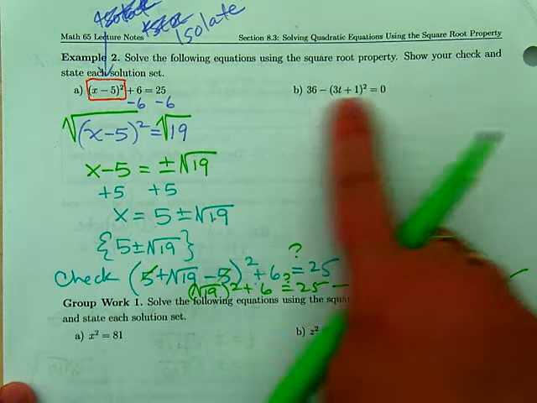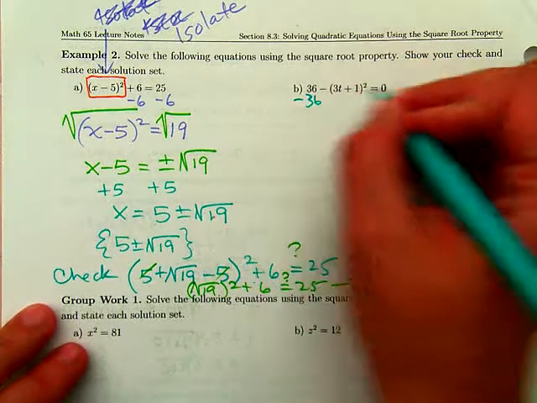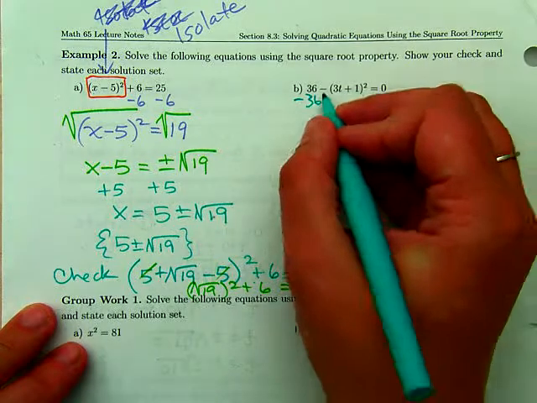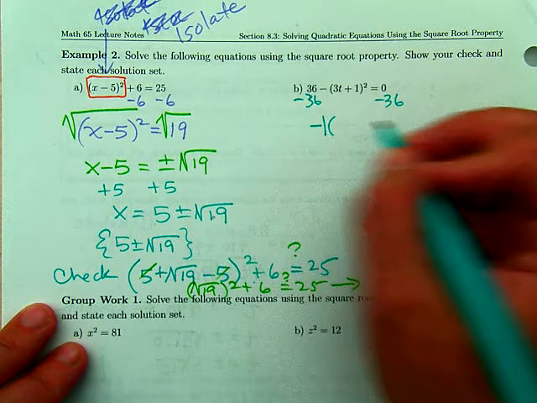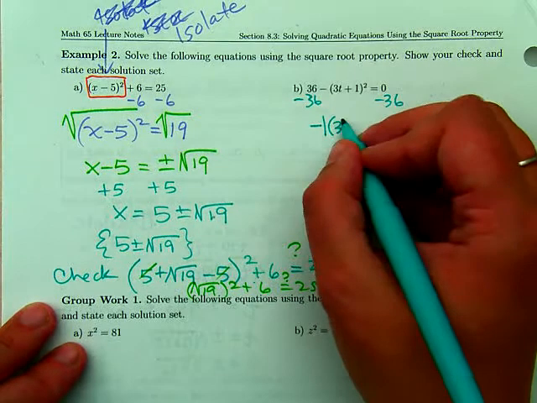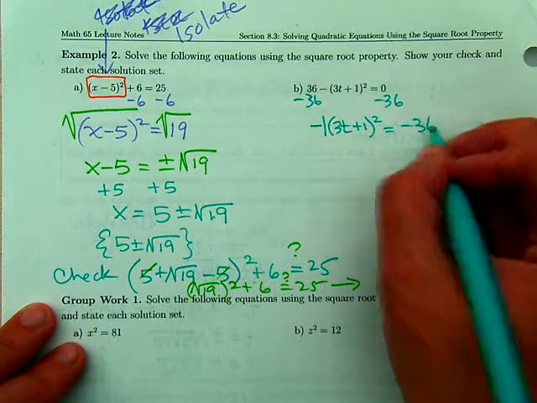Okay, here, what do we want to do? We want to subtract 36, good. Now don't forget to bring that negative down, because that's basically negative 1 times (3t plus 1) squared equals negative 36.